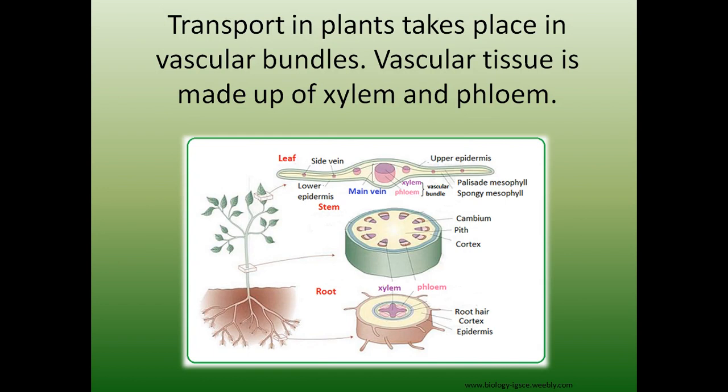As mentioned before, transport in plants takes place in specialized tissue called vascular bundles. A vascular bundle is made up of two parts, xylem and phloem.